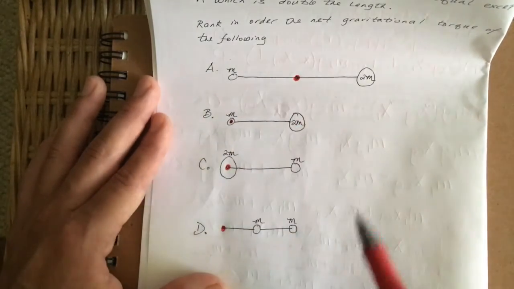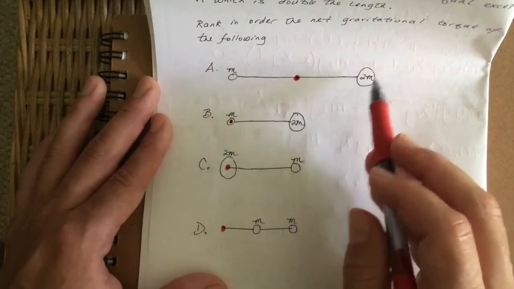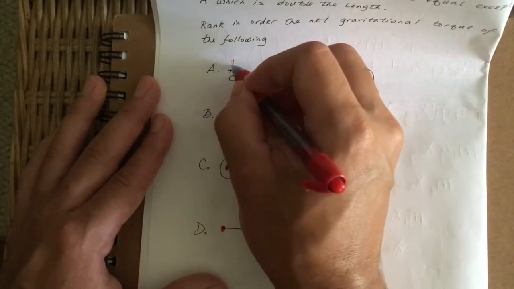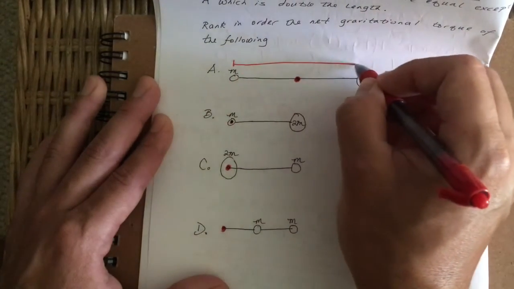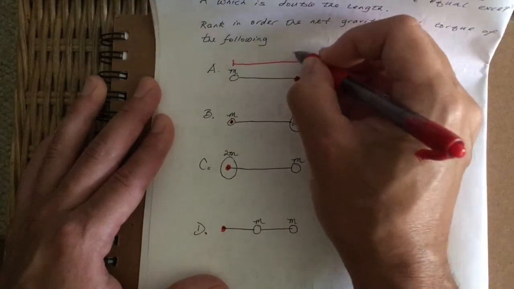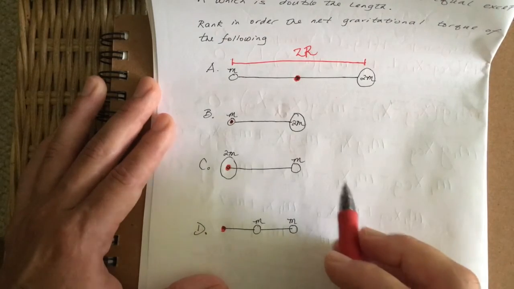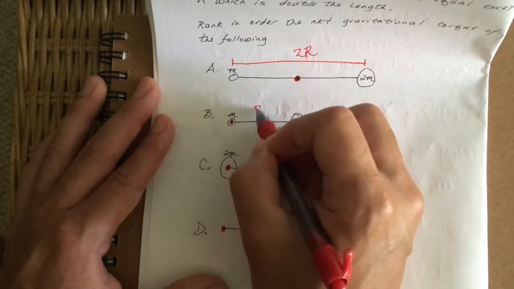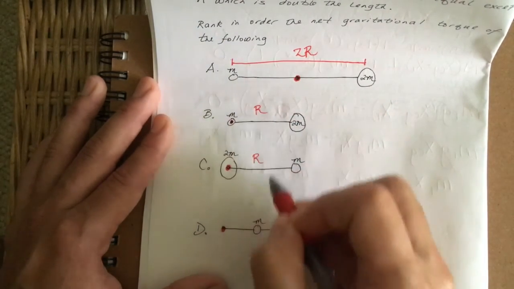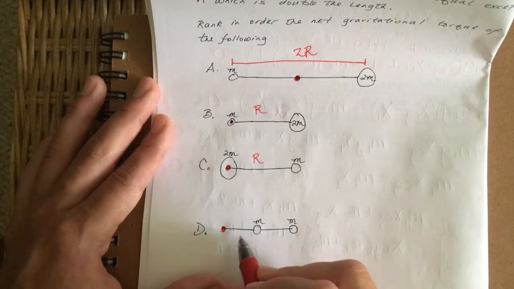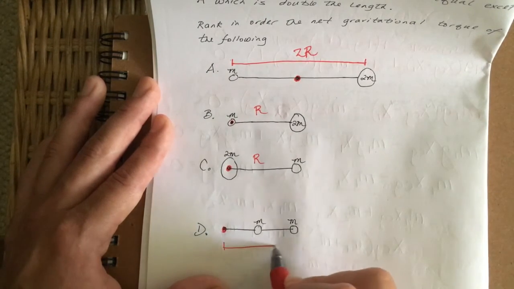The length of this rod is a little longer. This has length 2R, so this distance right here is 2R. We're going to see that doesn't affect things too much in a second. This length is R, and this is length R as well.